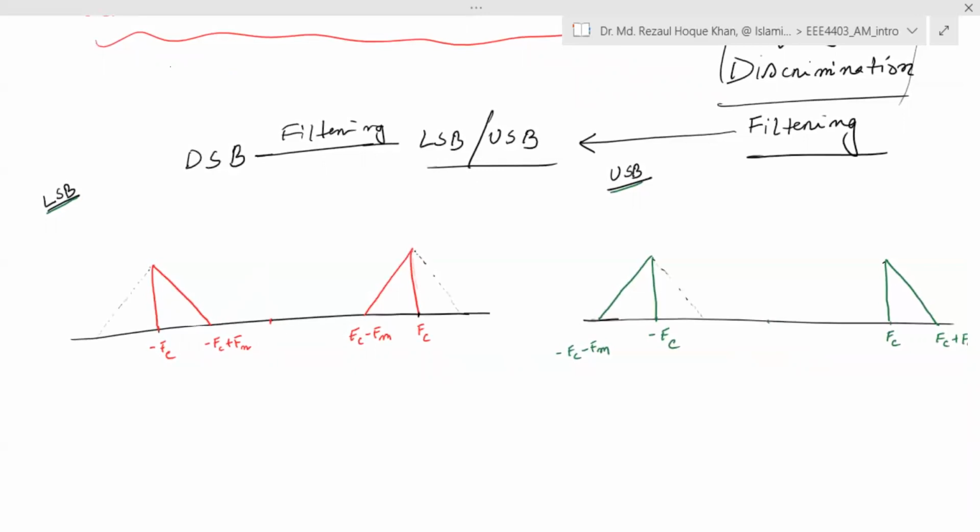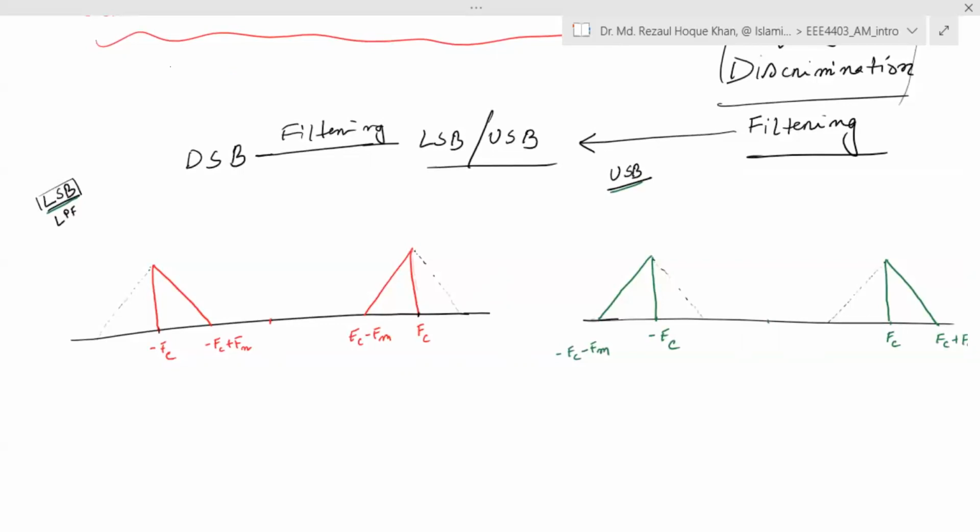This was the lower part. If we want to have the LSB, the lower sideband, what do we need? We need a low pass filter.